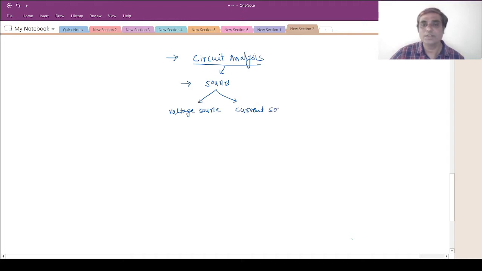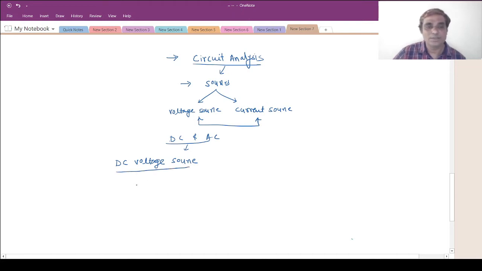Okay, and both voltage sources and current sources can be fixed, that is a DC voltage source, or AC voltage or current source. So if I am saying the DC voltage source, the voltage remains constant or fixed. The representation for the DC voltage source will be like this.